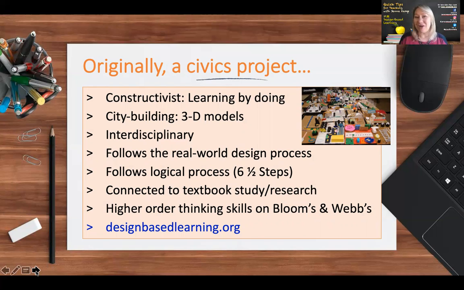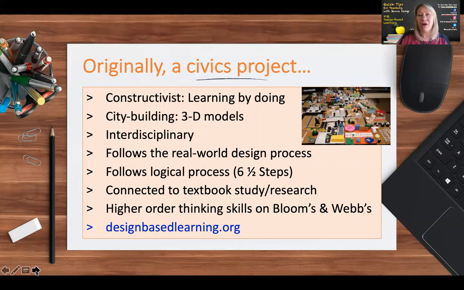Now, it's not called a city in design-based learning because it has to be never before seen. We've all seen cities. So she wanted her scholars to create a never before seen communal living space. And that included everything you need when you're creating a city. So there has to be a transportation system. There had to be housing areas.